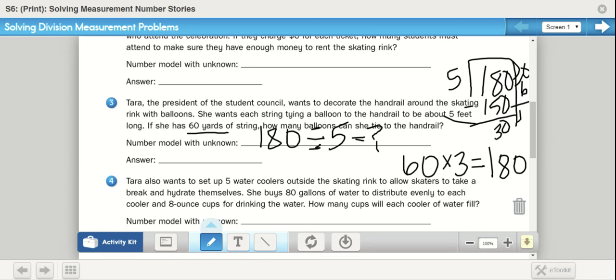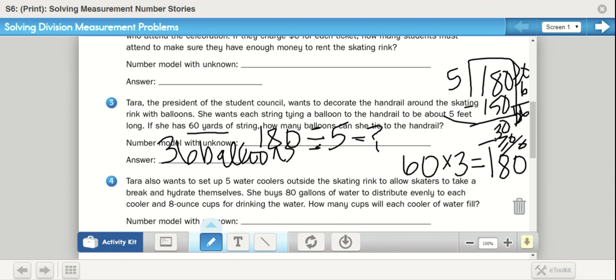So I have 36. Ran out of room there, guys. Sorry. Okay, so 36. So the question was, how many balloons can she tie to the handrail? She can tie 36 balloons.